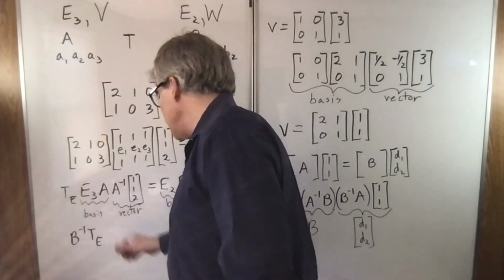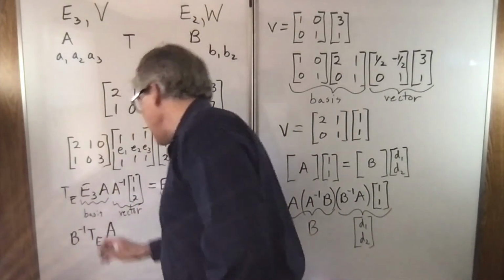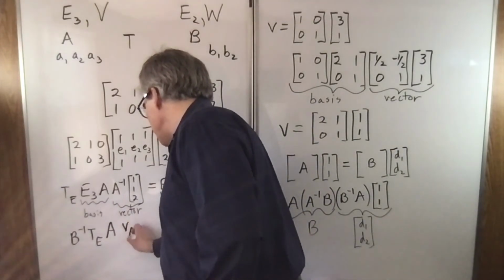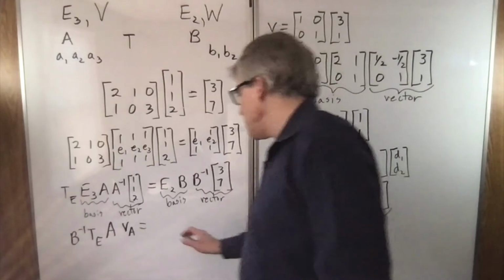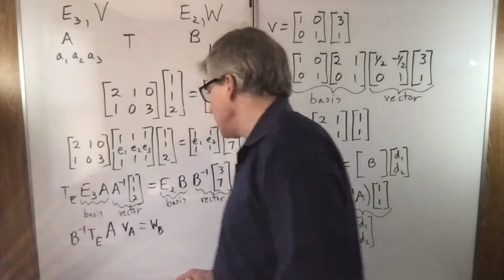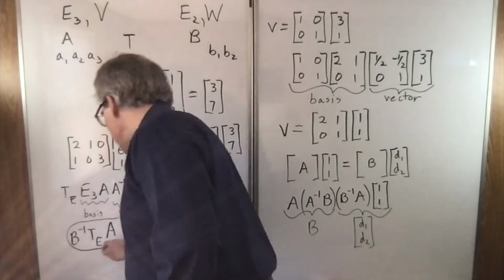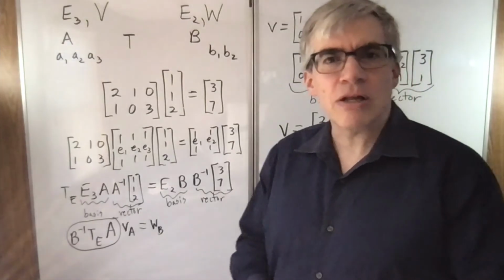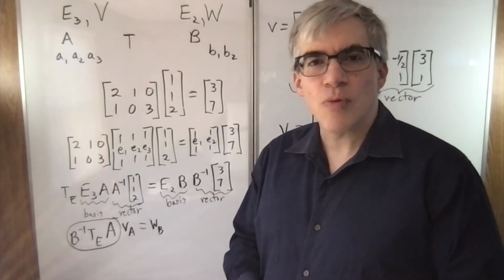E3 is just the identity. So then we have A. And that produces vector V expressed in A. And that leaves here the vector W expressed in B. So B inverse T A is the transformation. I find that a lot easier to keep track of. Hopefully you'll find that helpful.